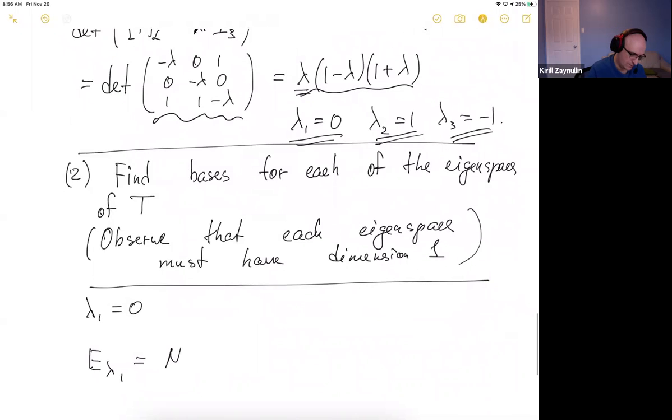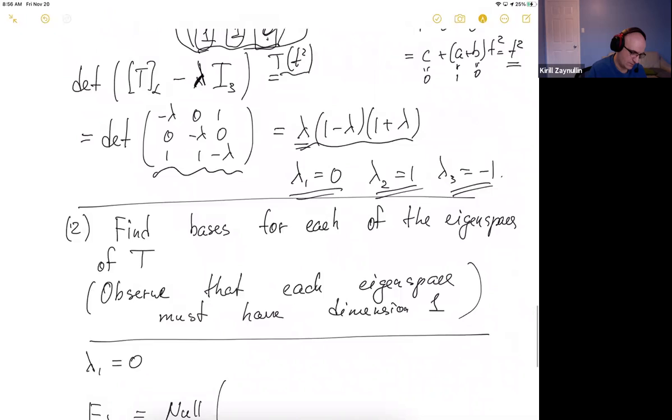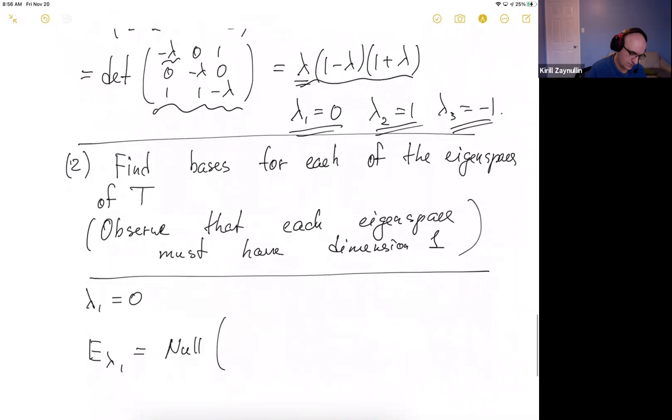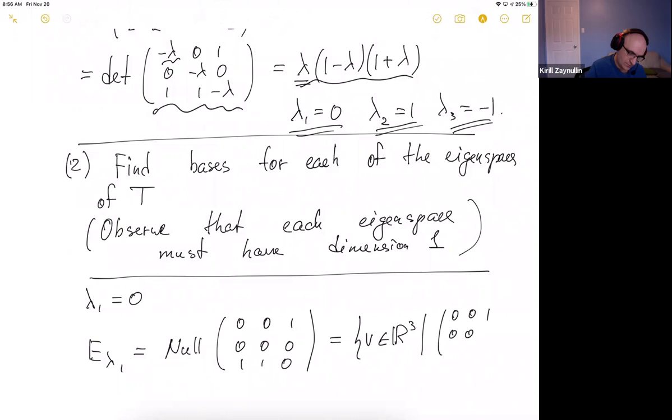So the null space of the matrix 0, 0, 1, 0, 0, 0, 1, 1, 0. Or I can also write it as the set of solutions of the equation 0, 0, 1, 0, 0, 0, 1, 1, 0 times V equals 0.